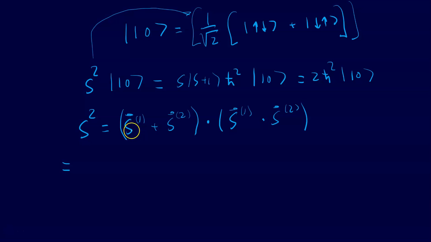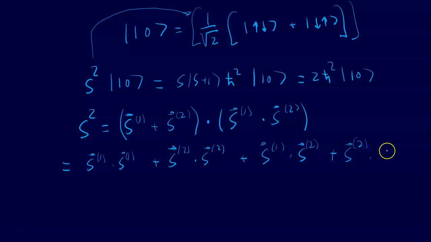And so when I do this, I'd have S1 dotted with S1, and then the S2 vector dotted with S2, and then I'd have the two cross terms, if you will. So S1 dotted with S2, these are all vectors, plus S2 dotted with S1. Now, one thing we'll note, we didn't really mention this yet, but the spin operators S1 and S2 commute.